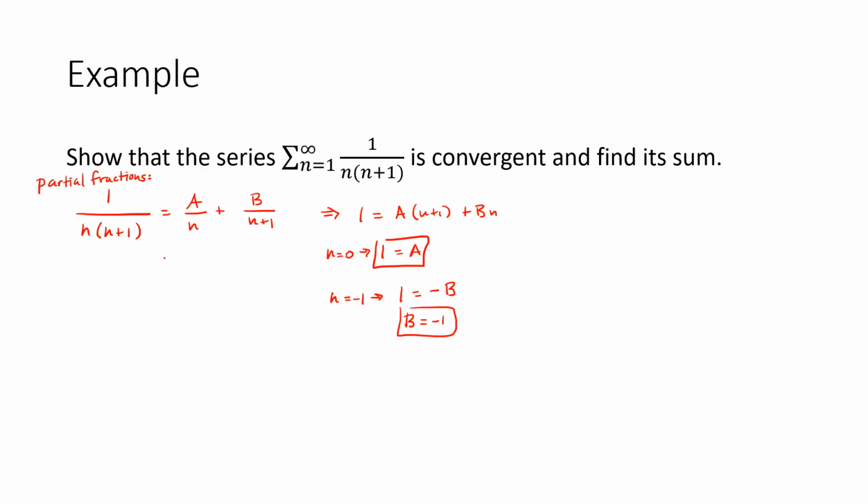And so the partial fractions here give me 1 over n minus 1 over n plus 1. Okay. And so the series is in fact the sum of 1 over n minus 1 over n plus 1.